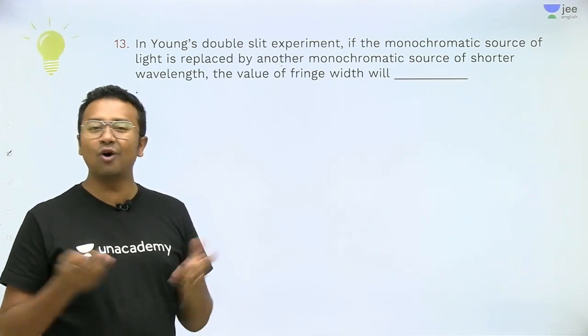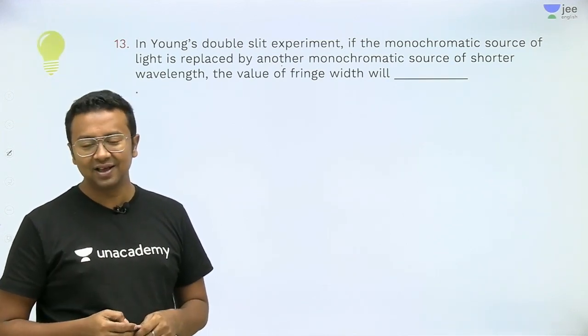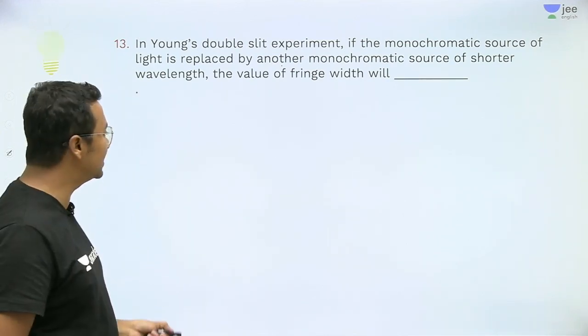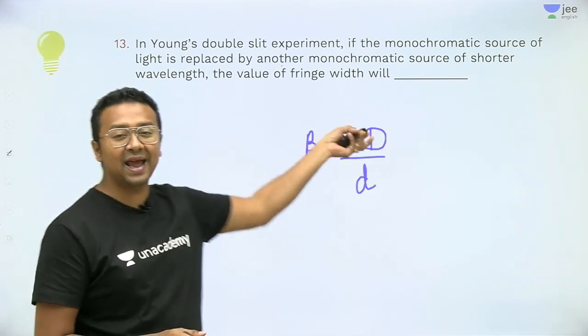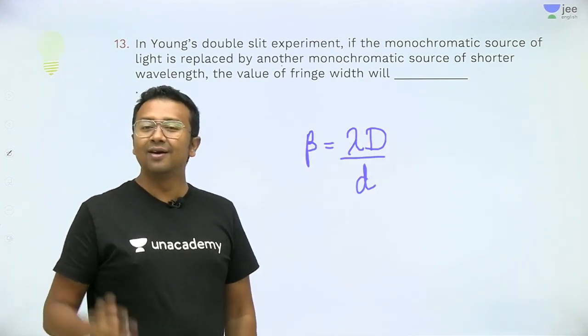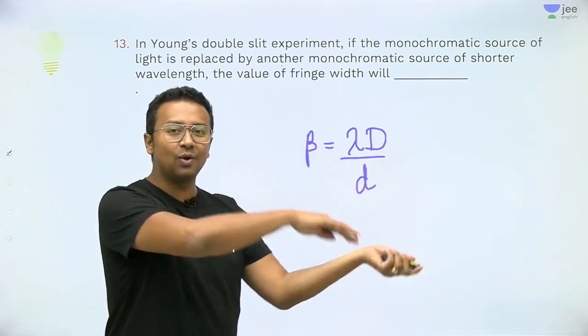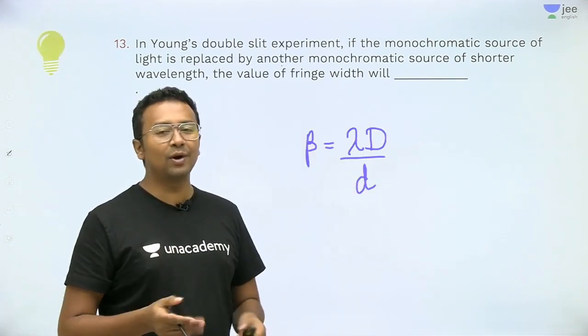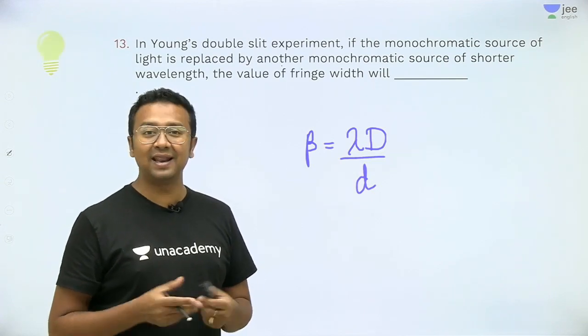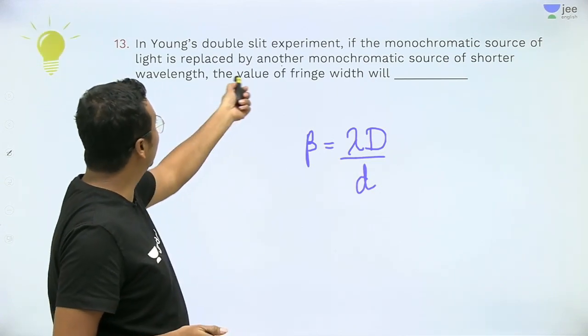By the way, we all know the formula of fringe width. Fringe width is equal to lambda capital D by small d. When you are changing the light from one monochromatic light to another, what are you changing? Lambda.